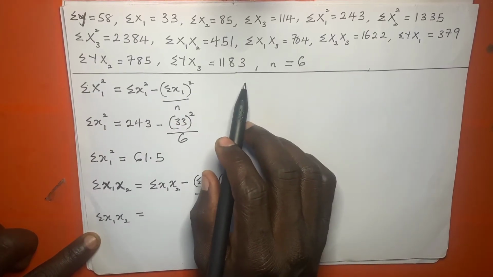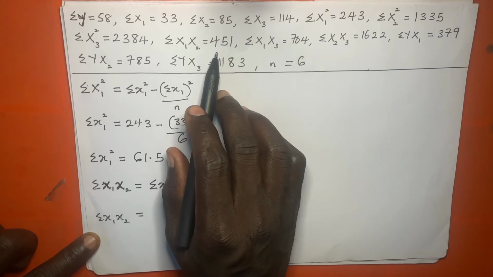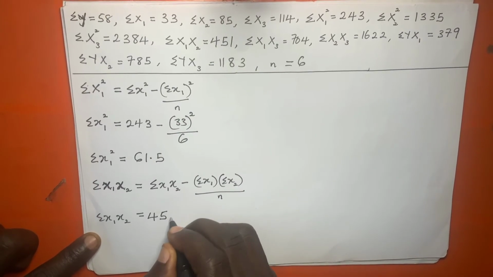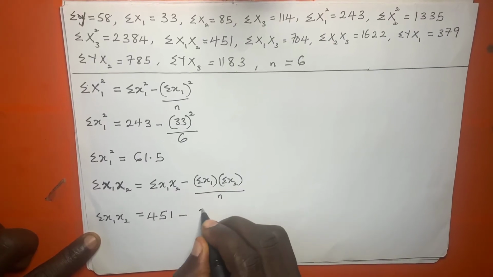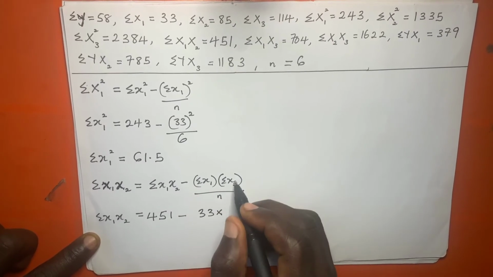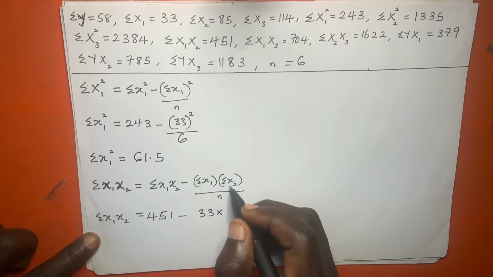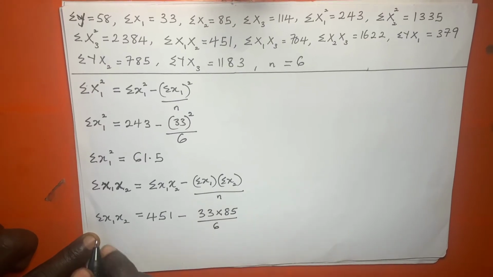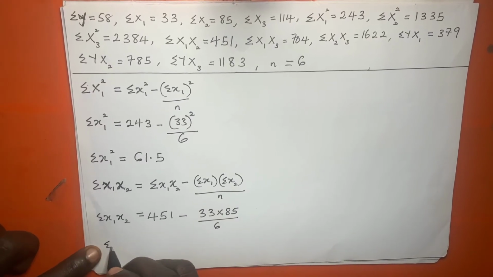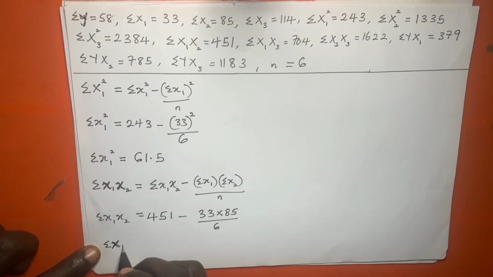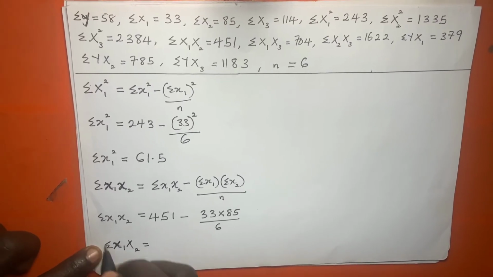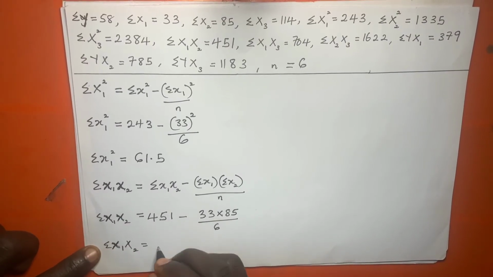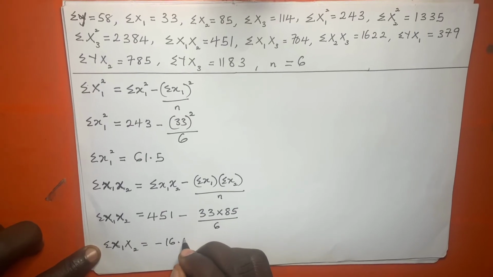Where is x1 x2? x1 x2 gives us 451. So we have 451 minus summation x1, 33, multiplied by summation x2, which is 85, divided by 6. If we calculate this, summation x1 x2 will give us minus 16.5.